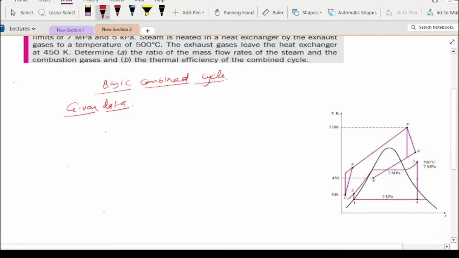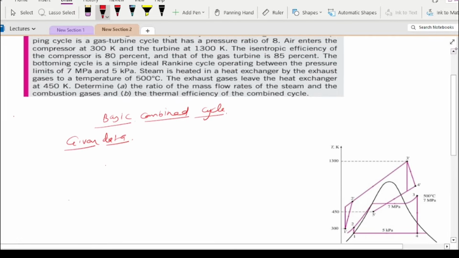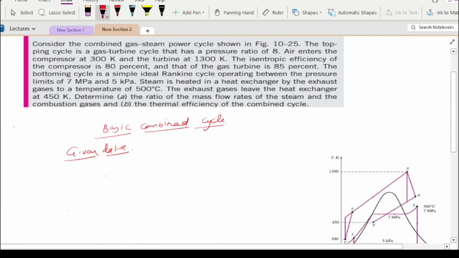In the given data, we have the pressure ratio Rp equal to 8. Entry of the air to the compressor, that is T1, is at 300 Kelvin, and at the inlet to the turbine, T3 dash has been given as 1300 Kelvin.